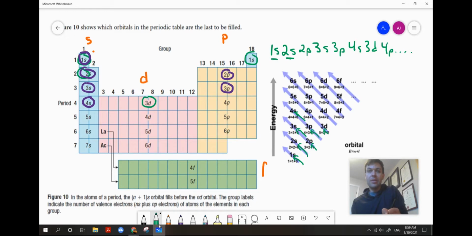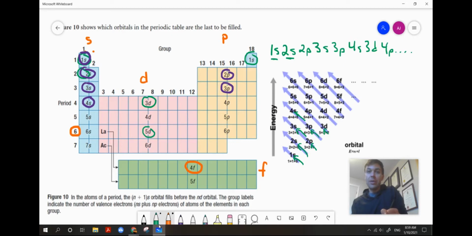Sixth period, the 5d. Now we haven't done too many examples with the f block yet, which I obviously didn't write properly. But you can see the same pattern here, but it's actually the f sublevels are 2 behind the period. So when we're in the 6th period, we're filling the 4f sublevel.